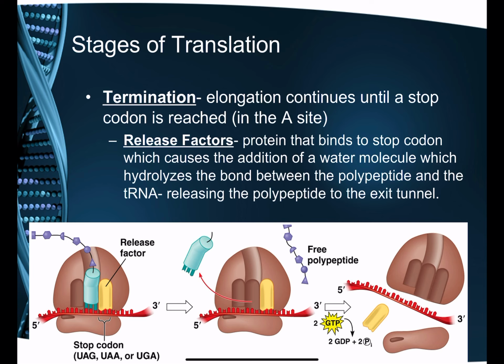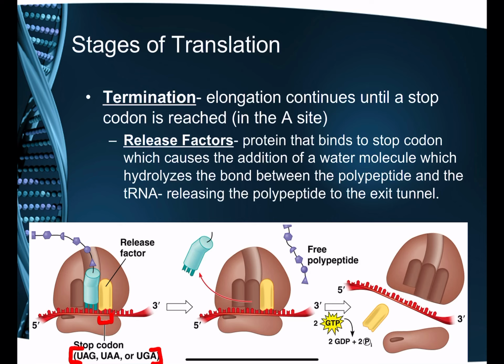Now, at the end, you have termination. And so termination is signaled by the stop codon. So when this A site, this last piece, gets to that stop codon, there's those 4 stop codons that are on those charts that we've talked about. Then we're going to synthesize some release factors.